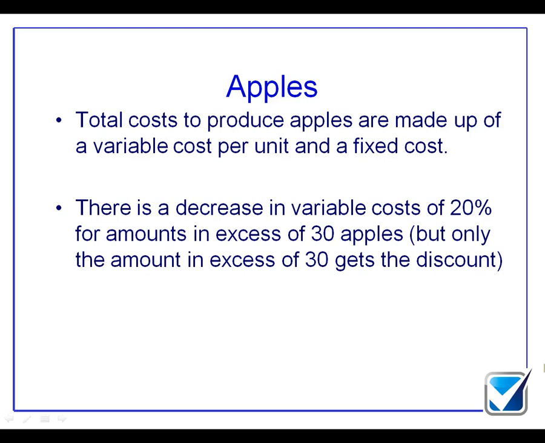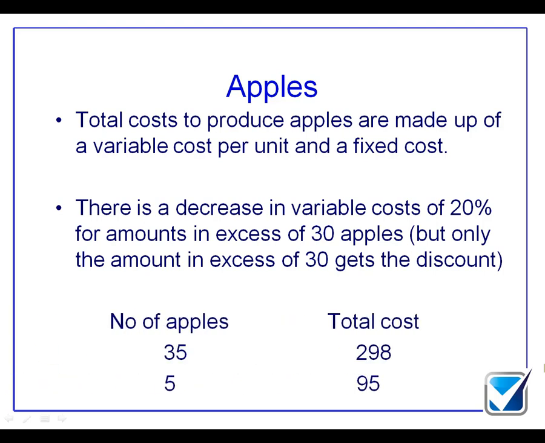And what we have is actual results, which will be based on 35 apples and then 5 apples. And what we need to do is find a way to solve this equation to make sure that we can find out what A and B will be. The way that we do this is we will say that 298 equals fixed costs plus some variable costs.